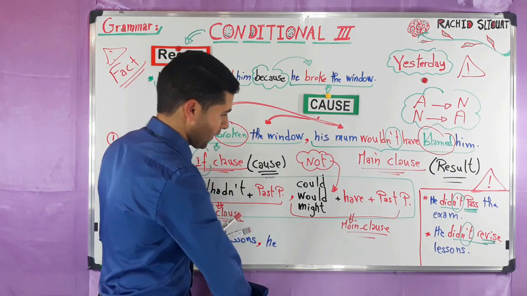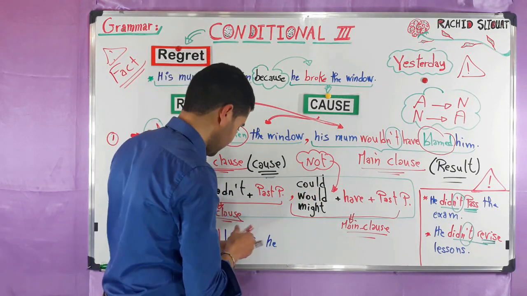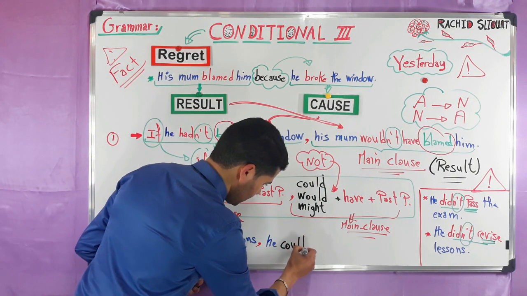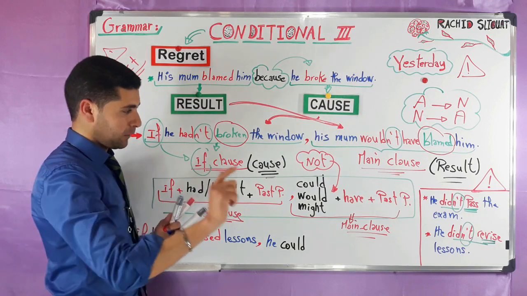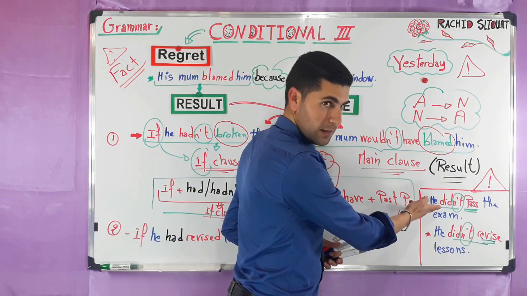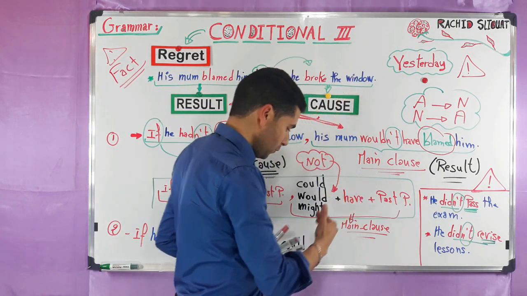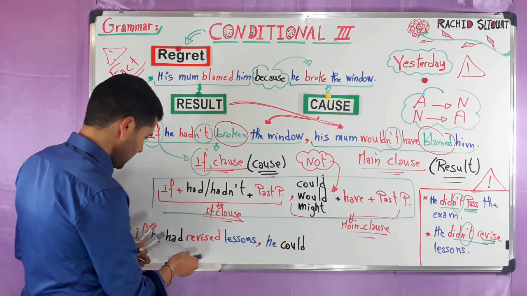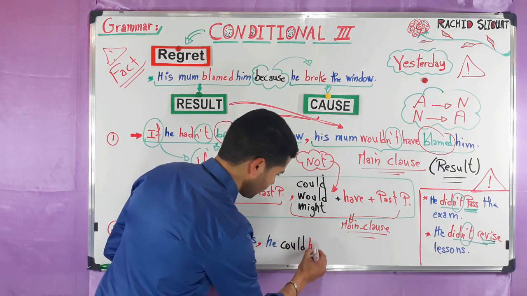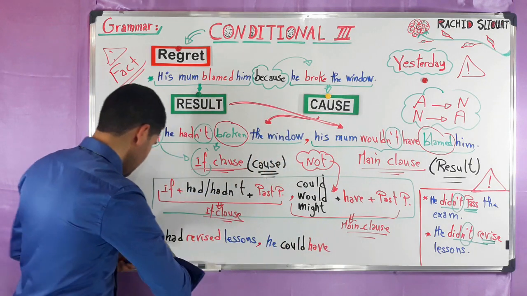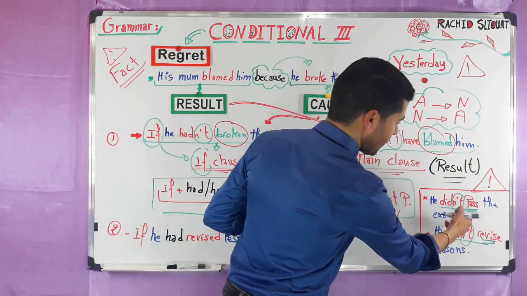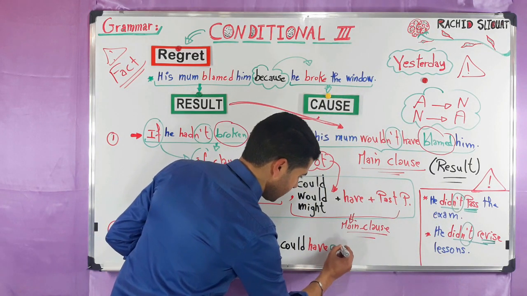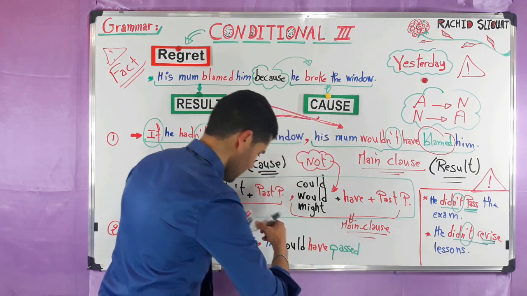Now here we can say, for example, could or would or might: he could. Again, this is negative, so here it would be affirmative. So he could have passed, because the past participle of the verb pass is passed, the exam.